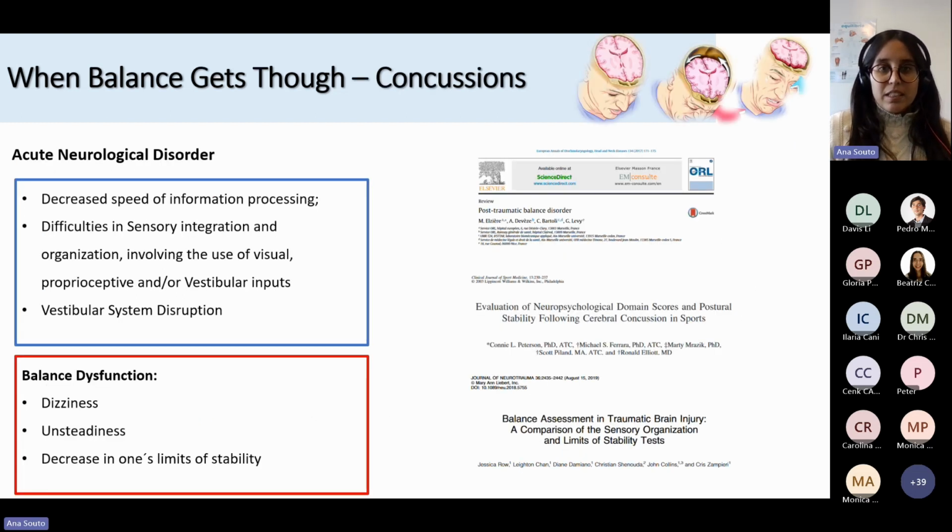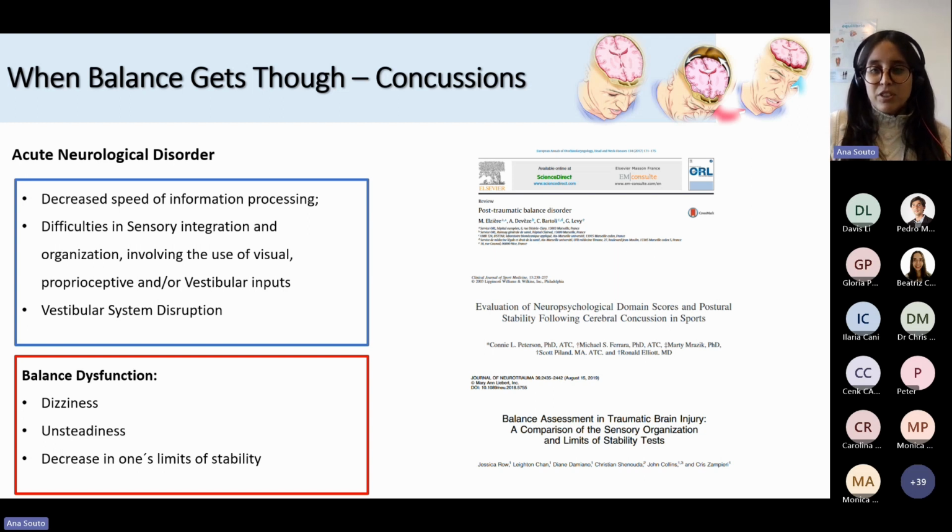For concussions, okay, concussions are acquired, acute neurologic disorders that can also lead to balance dysfunction, and it is one of the major problems that can arise. We have symptoms like dizziness and unsteadiness or imbalance, and those symptoms have most frequently been attributed to sensory organization problems involving the use of the sensory systems. More on the integration and organization.